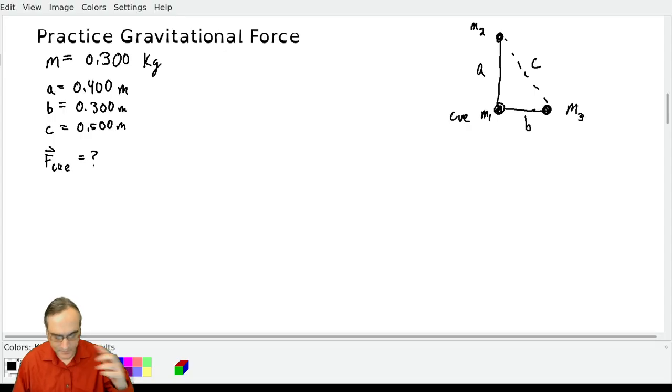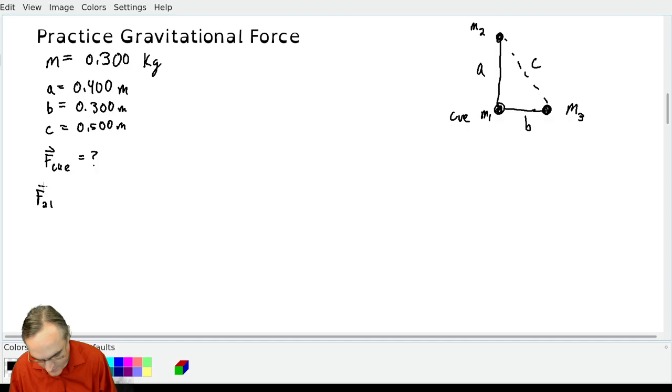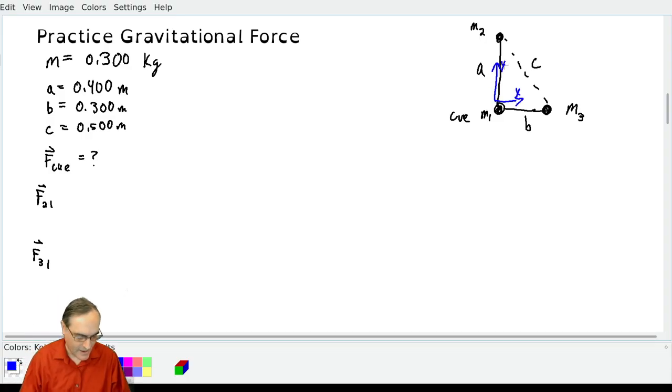So let's find the force due to 2 acting on 1, and separately the force due to 3 acting on 1. Since this has been put in a Cartesian system, we can just think about x, y, and z, so we don't have to think about r hat here. We can think about i hat, j hat, k hat.